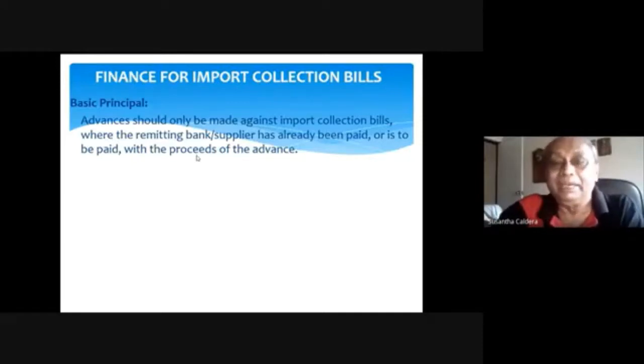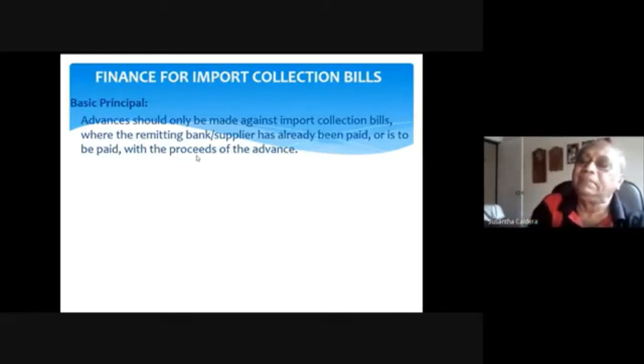Remitting bank එකට payment අරින්න ඕන. Right? We retire the bill and settle the money to the supplier's bank, remitting bank, right? එහෙම නැතුව අපි අරබිනයක අතට දෙන්නේ නැහැ.